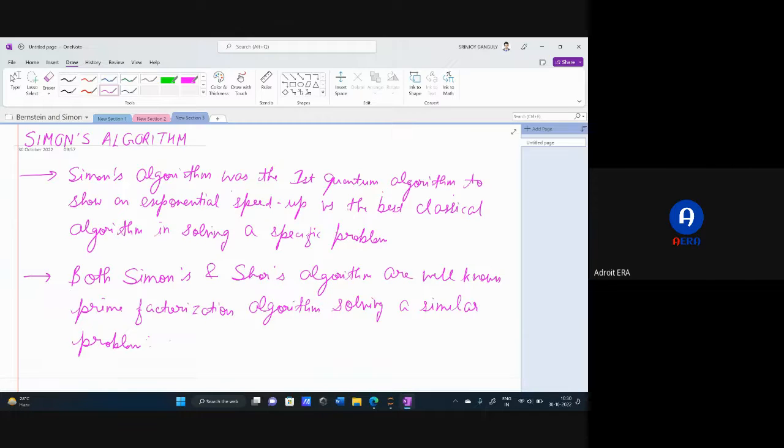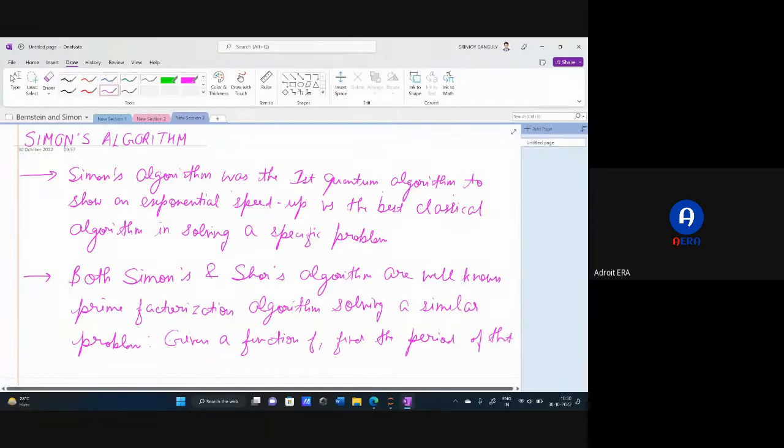So basically, as I have mentioned to you before, Simon's has some similarity with Shor's on finding the period of that function. Given a function f, find the period of that function.